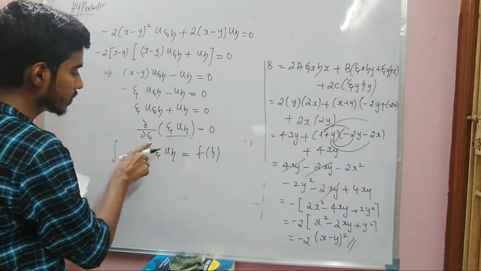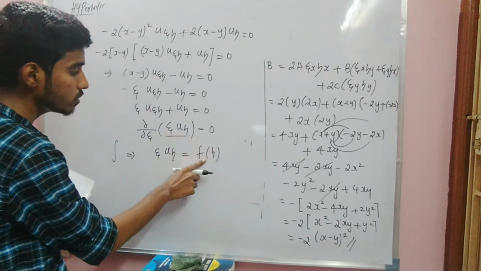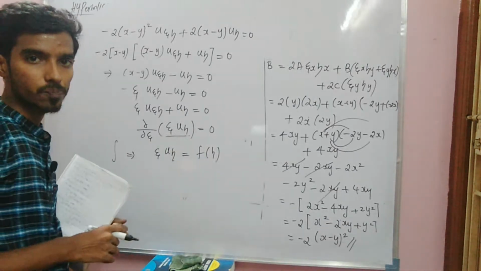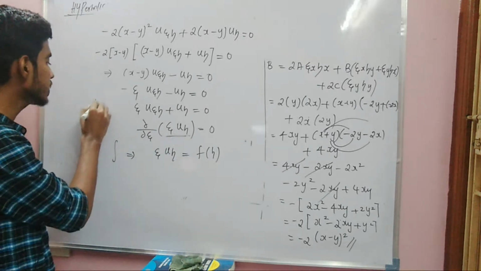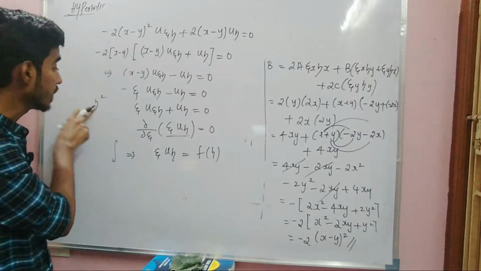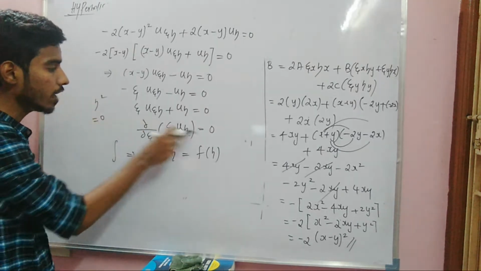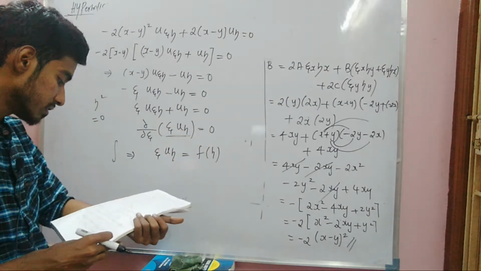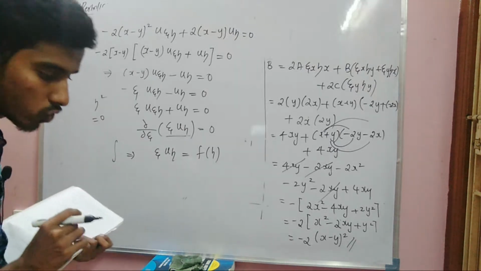When you are differentiating this with respect to theta, you are getting 0. That means this has to be a function of eta, then only the differentiation of this is 0, right. A constant term also comes under this. Suppose I have eta square, if I differentiate with respect to theta, this will be 0. So if you are getting 0, then this has to be a function of eta. So see, you need to find u, right. Our aim is to find u.